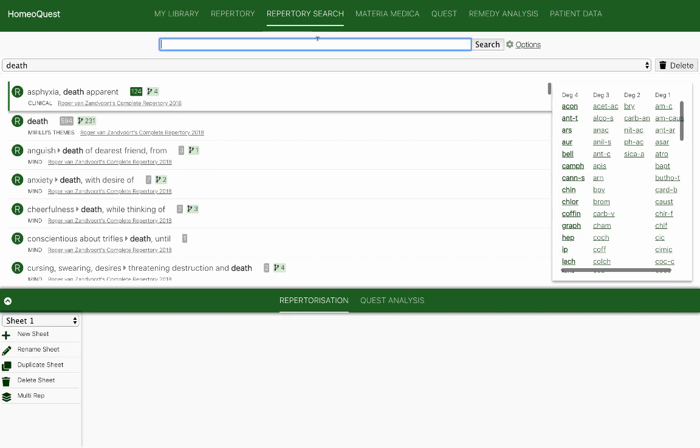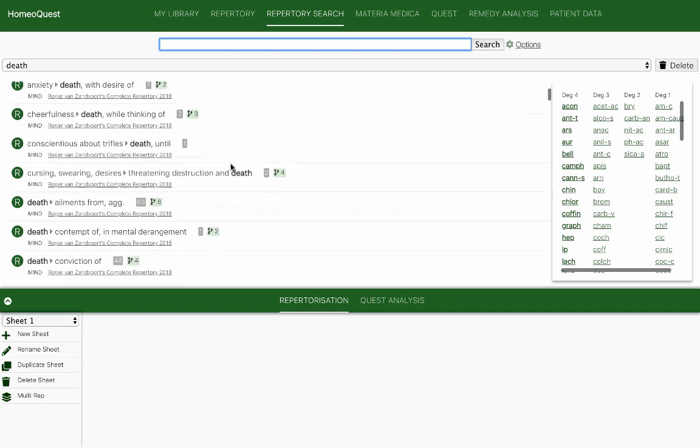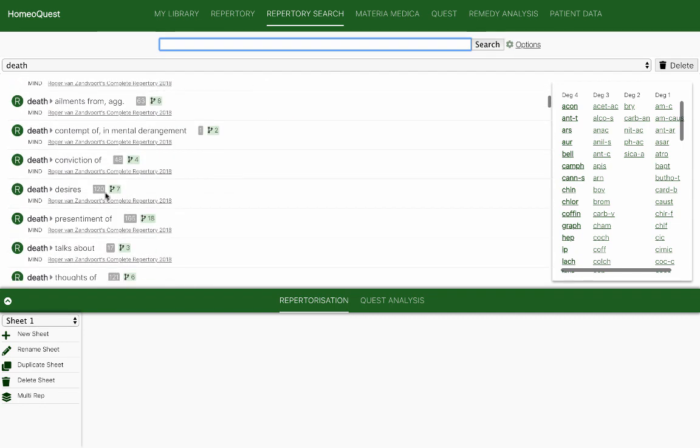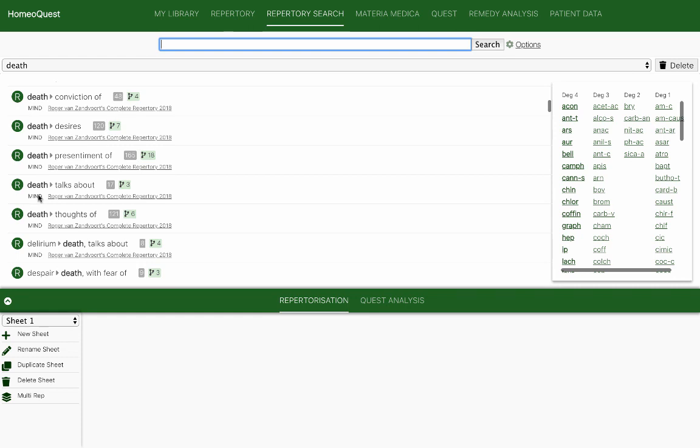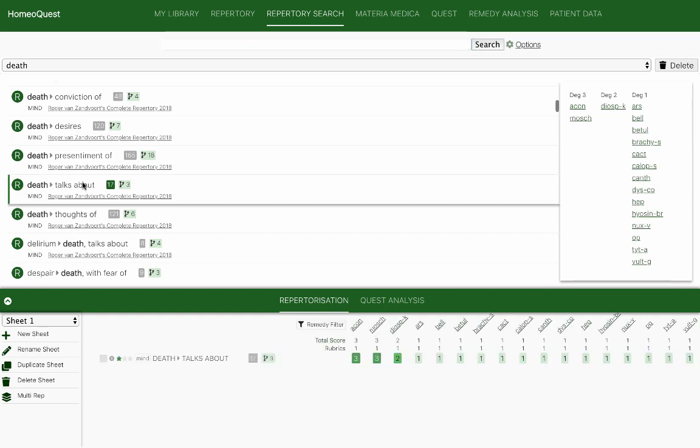In repertory search, as you know, we get all possible rubrics from every possible section, and we're looking at the different symptoms for death. So you have something called death talks about, which is in a way, in her case, true. Let's take this symptom here, death talks about.